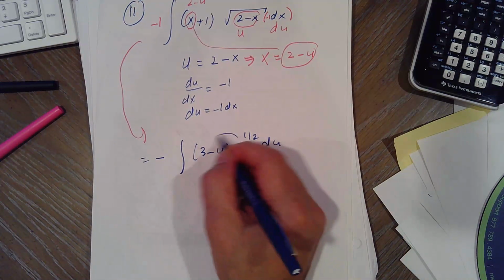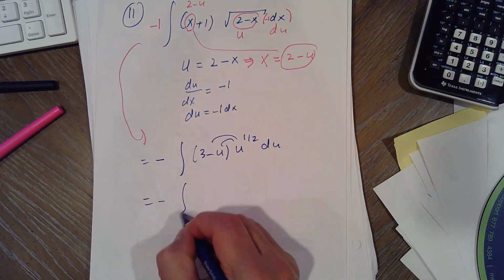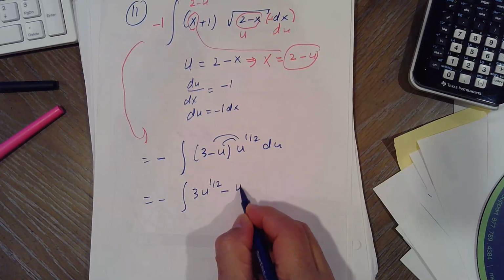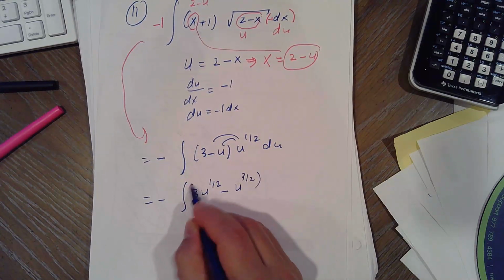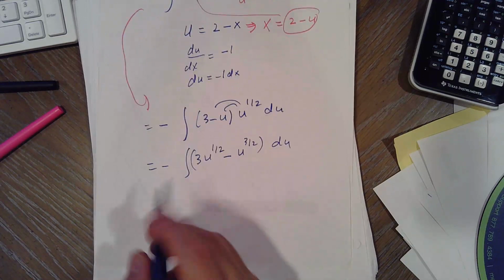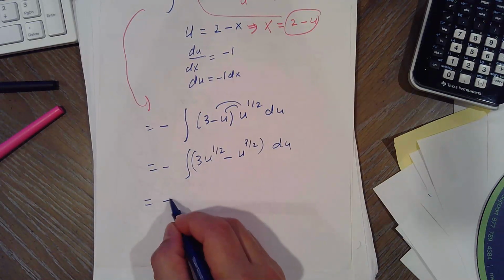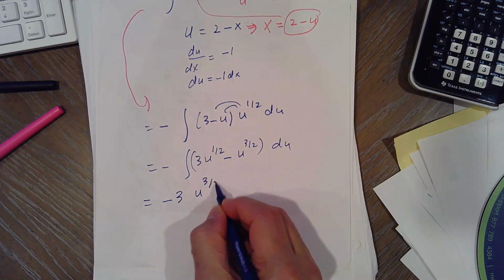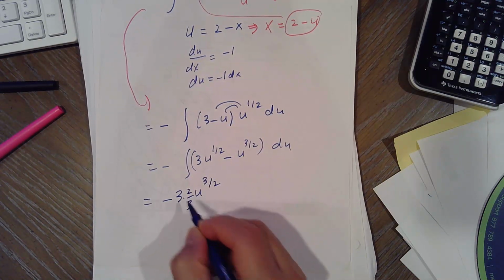And then we're going to distribute, so we're going to get negative integral of 3u to the 1/2 minus u to the 3/2 du. So we're going to integrate, pull the negative out, so negative 3u to the 3/2 divided by 3/2, so times 2/3.